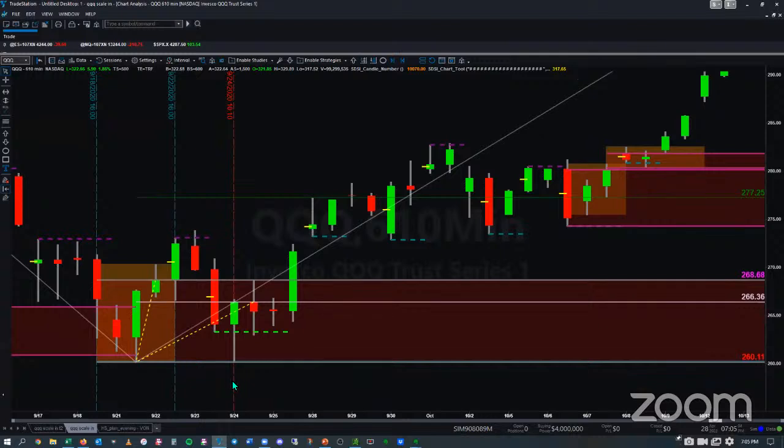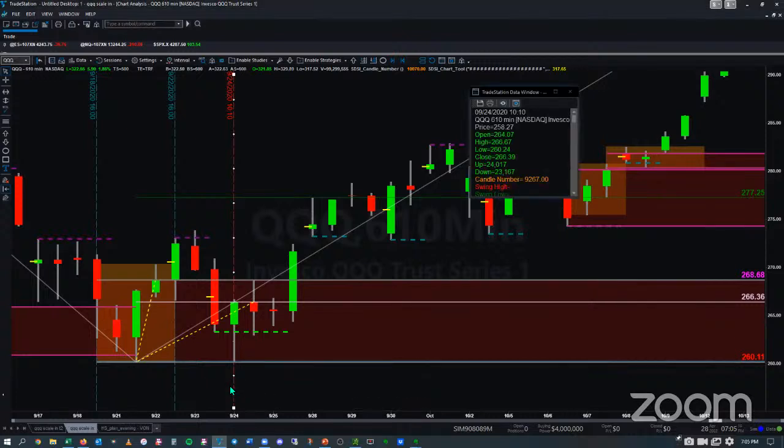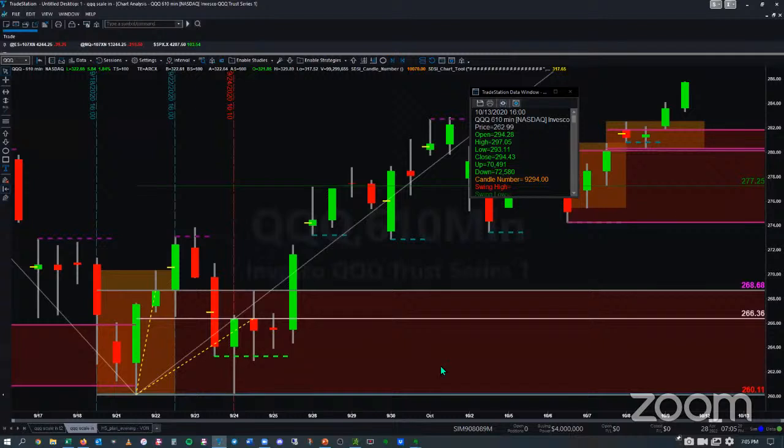Let me make sure this is the exact number. So you can see this candle here, the low was 260.24 and the low for the band is 260.11. It's a little deceiving with the way the graphics are on TradeStation, but let me just show you here.